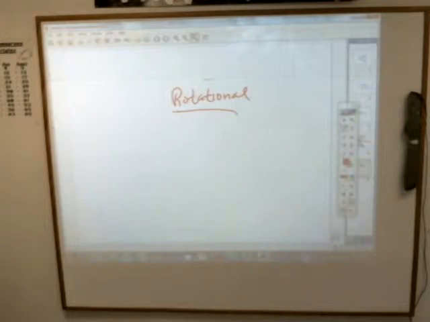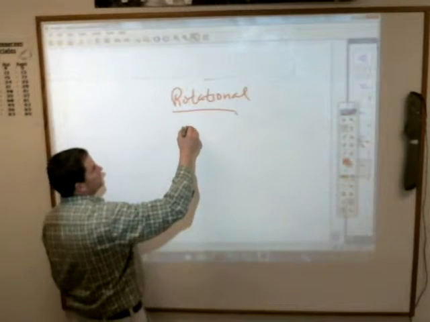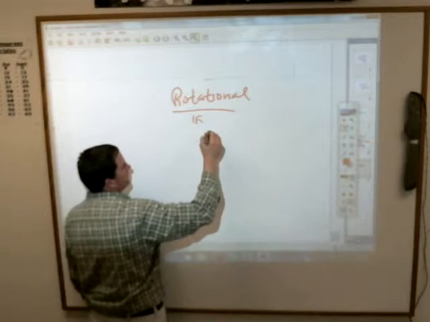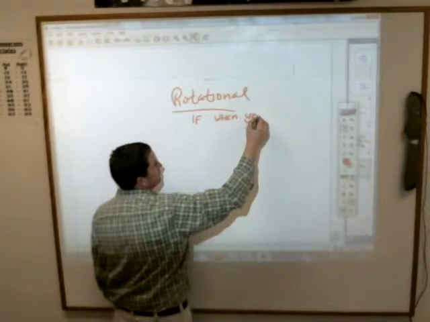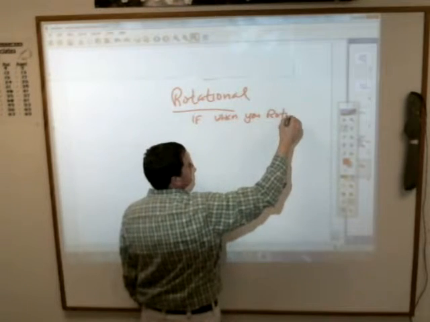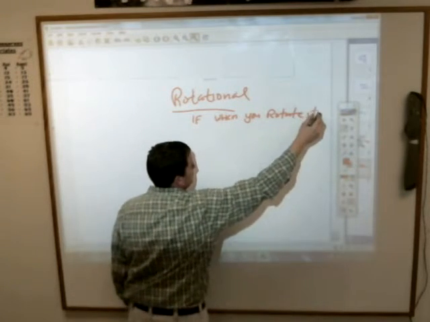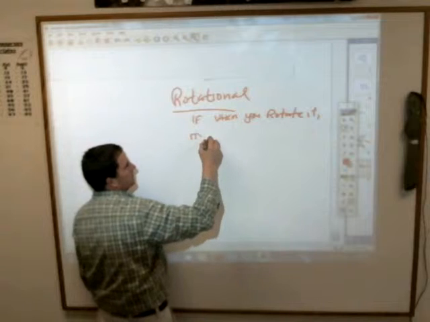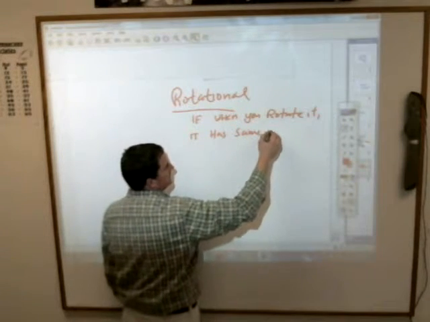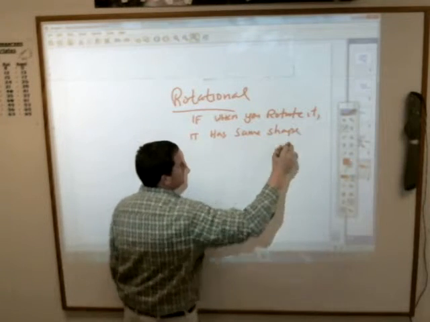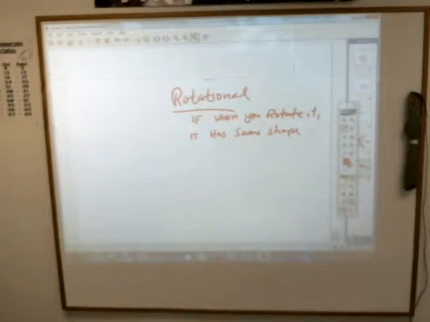If when you rotate it, comma, it has the same shape more than once in a full turn.